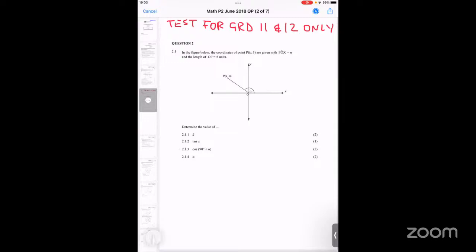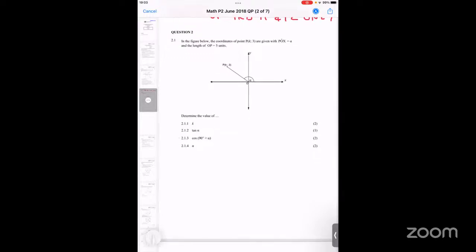Okay, question number 2.1: in the figure below, the coordinates of point P, K and 3, are given, with angle POX equal to alpha, and the length of OP equal to 5 units. Now they want you to determine the value of K.